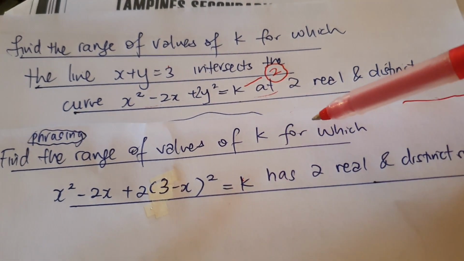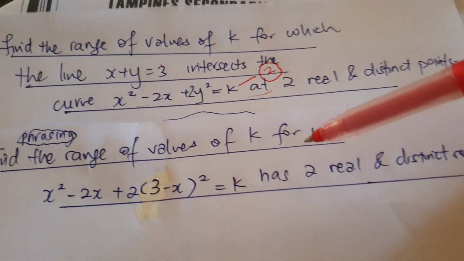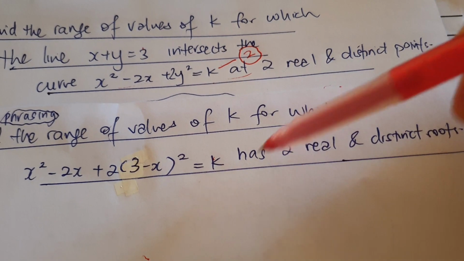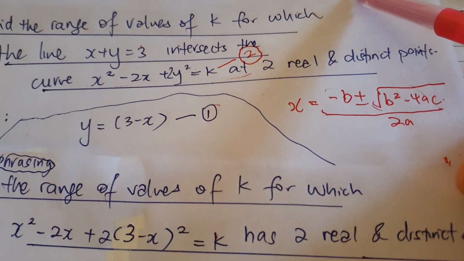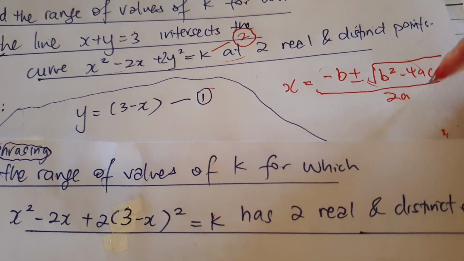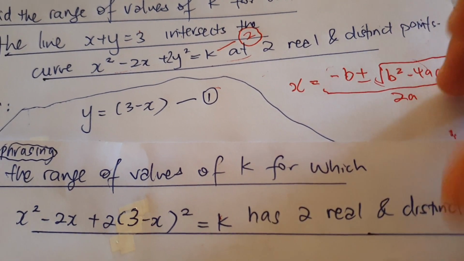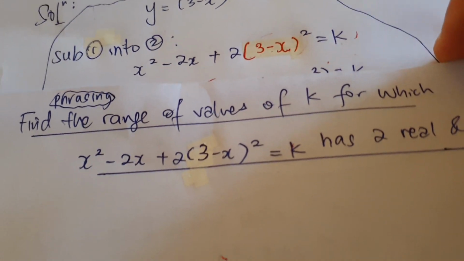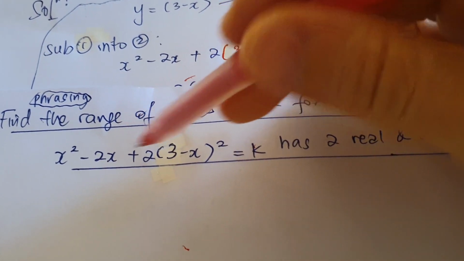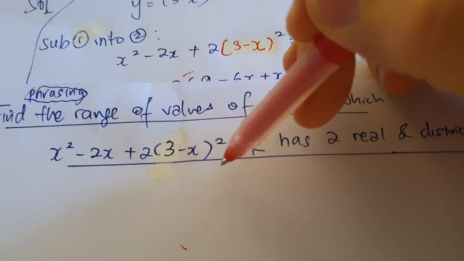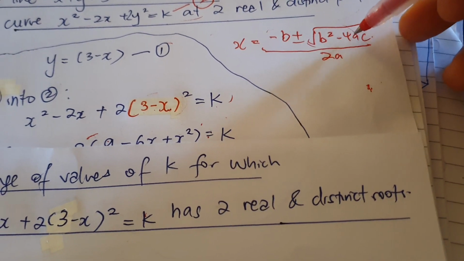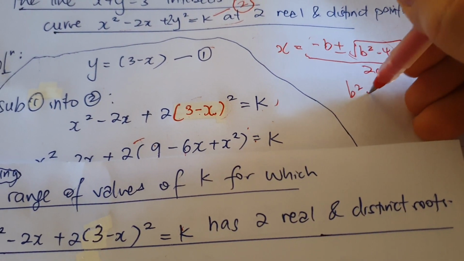Alright, but they're not asking you to solve this equation. They're asking you to find the range of values of k for which this equation has two real and distinct roots. So when it's phrased like that, they are actually still the same thing, wanting you to find b squared minus 4ac greater than 0, okay? But you need to transform this equation into the ax squared plus bx plus c equals 0 form before you can use this b squared minus 4ac condition.